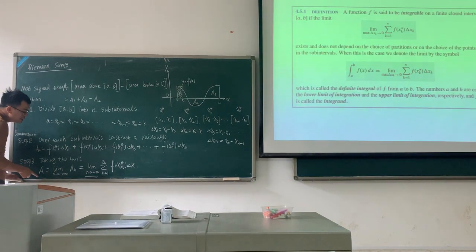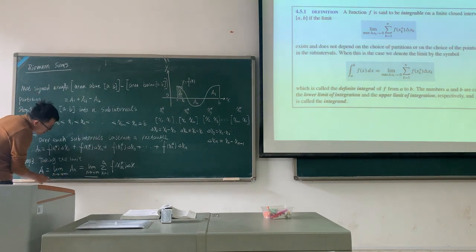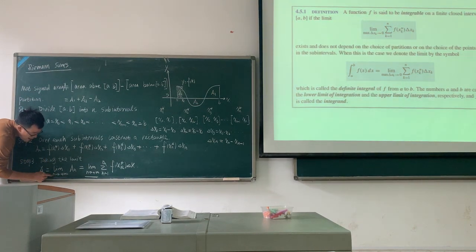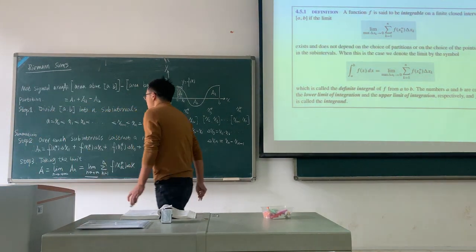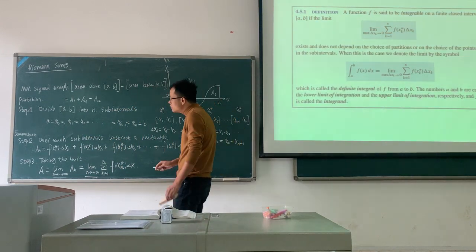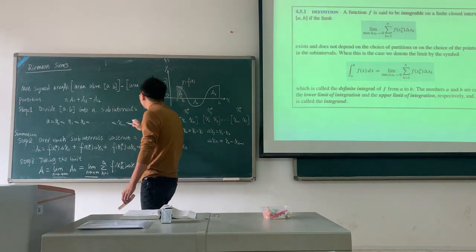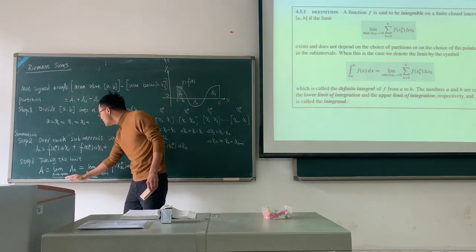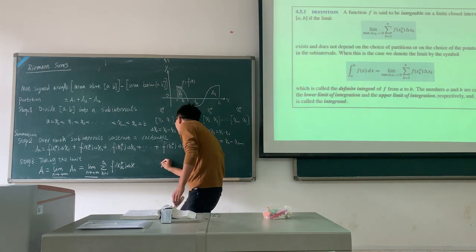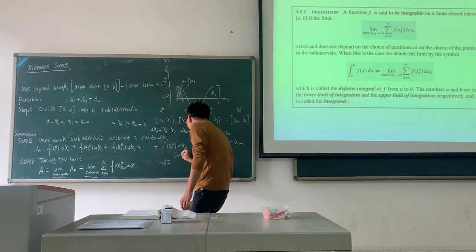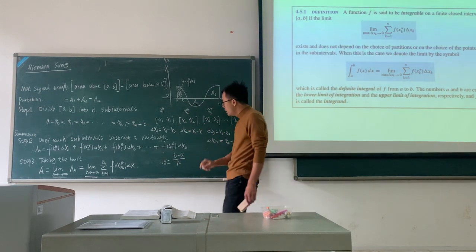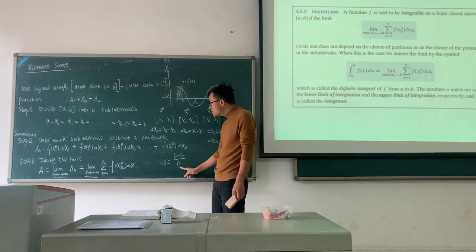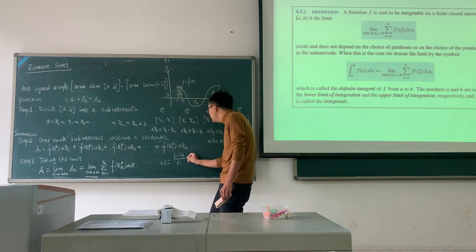Here the limit is not n approaches plus infinity. Because when we use equal subintervals, delta x equals (b minus a) divided by n, so n approaching plus infinity means delta x approaches 0.